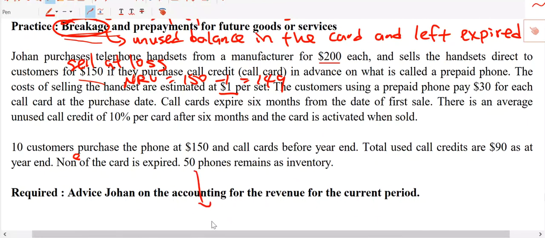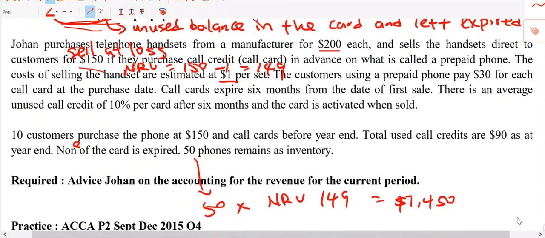50 phones remain as inventory. So about these 50 phones, right? We're going to use 50 times NRV of 149 to have a closing inventory valuation. Okay, let's see. 17450.